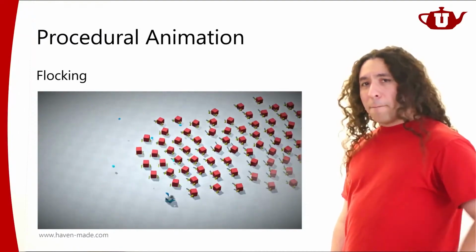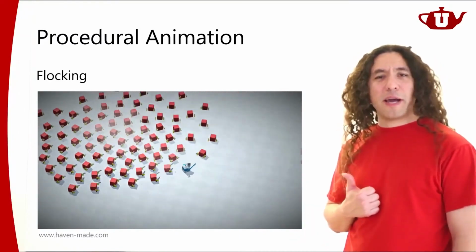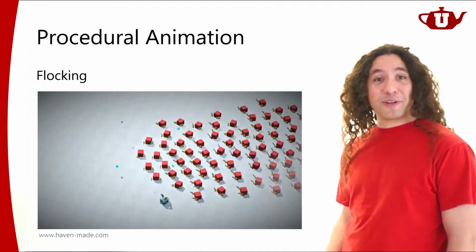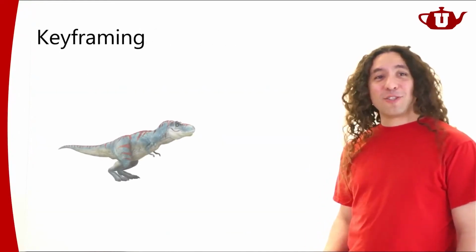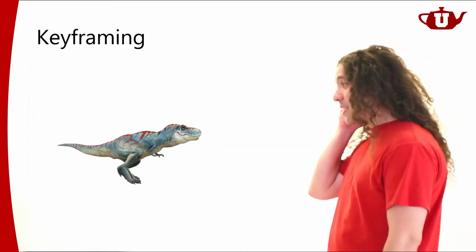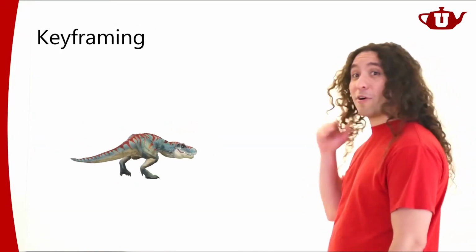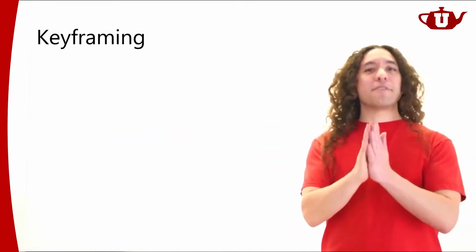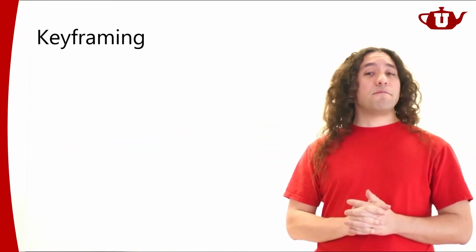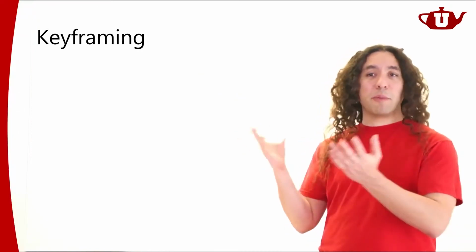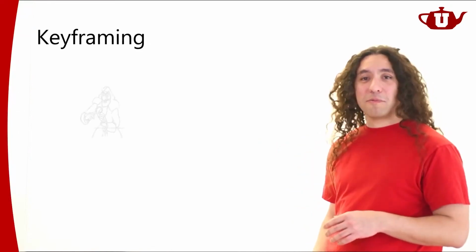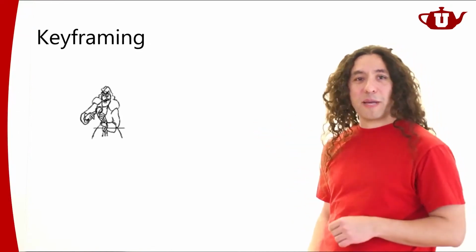Right. But we still haven't quite talked about how we could possibly get that dinosaur animation I showed you earlier. So to be able to generate something like this, we need to talk about keyframing. The idea of keyframing existed for a very long time, way before people were worried about computer graphics. People use keyframing for hand-drawn animation too.